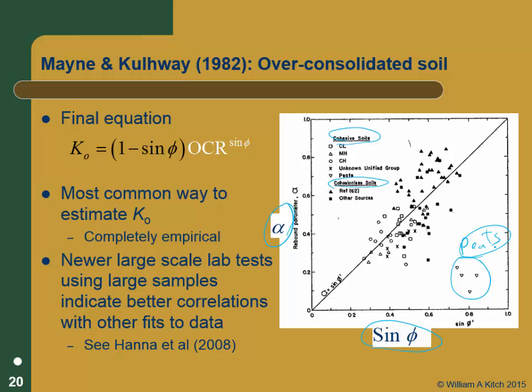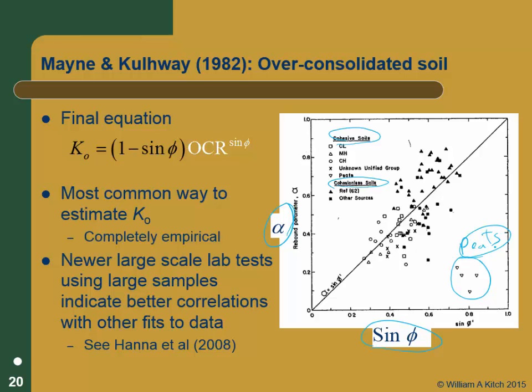There are some newer large-scale papers out that use larger samples with other fits to data, and I cite Hanna's, 2008, and he comes up with a different equation. From a practitioner standpoint, the answers aren't very much different than Mayne and Kulhawy's, and it's already working okay, and we already have all the problems that really have nothing to do with what's going on in the field.